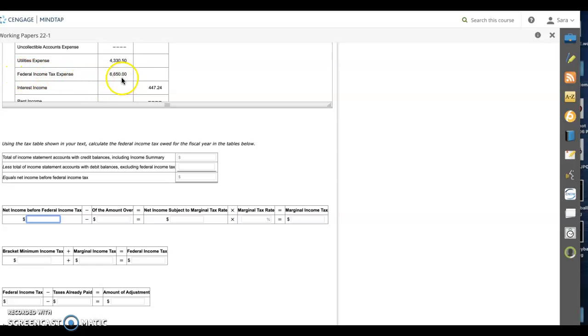Okay, federal income tax expense, so we've already paid in $6,650. So we would get that, and then our tax table, it's on page 680. So just depending on what this minus this is, we get that there, and then they have the percentages in the book. So it might be 25, 34, 39. But like I said, we'll go over the answers here to get that.